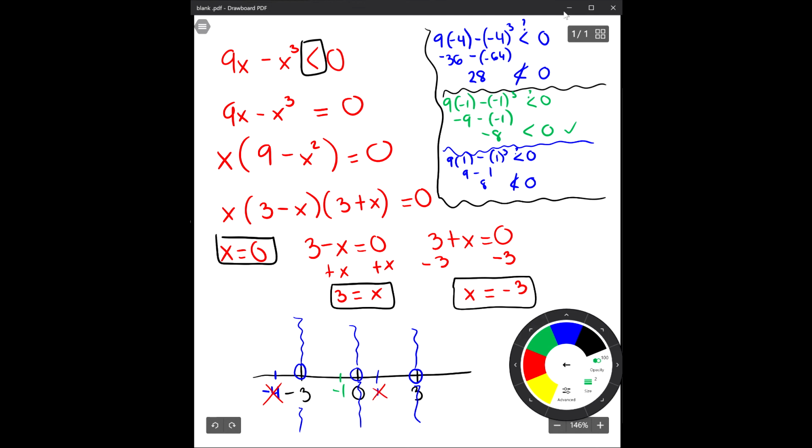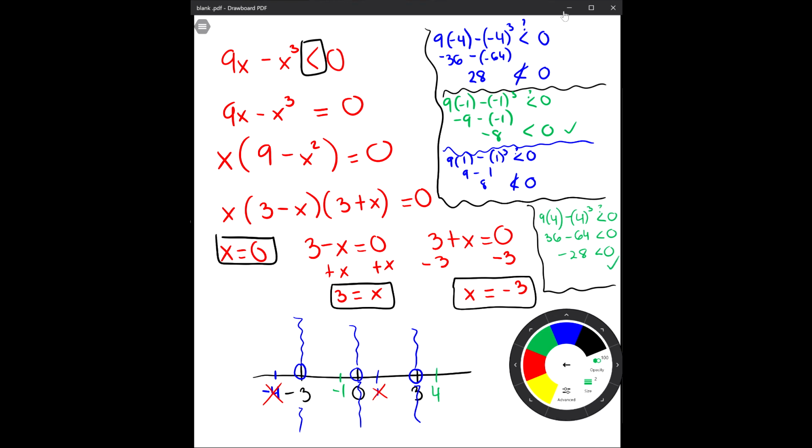For the region after 3, I pick 4. I have 9 times 4 minus 4 cubed, less than 0? So I have 36 minus 64, which gives -28, and that is less than 0. So it works.